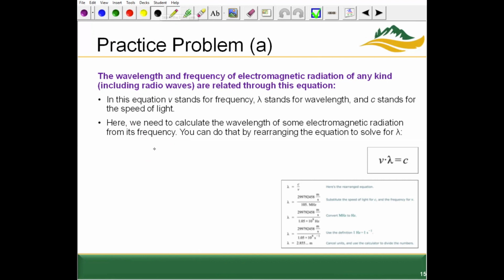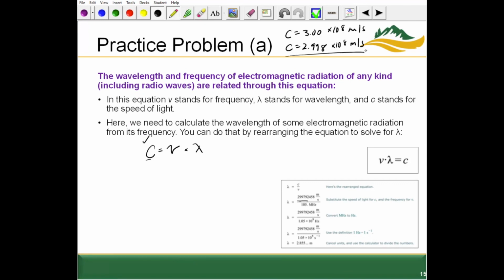So the really important equation we've seen at this point is the speed of light is equal to the frequency times the wavelength. The speed of light is always known. It's that 3.00 times 10 to the 8th meters per second. I'll also show you a more specific number to use for the speed of light. So about 2.997 or 2.998 times 10 to the 8th meters per second.